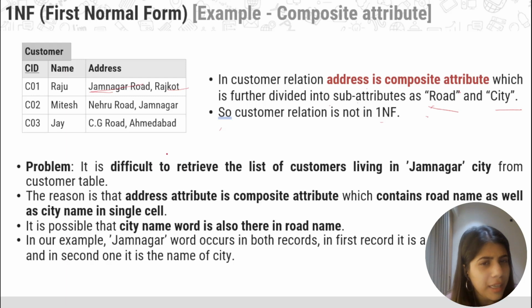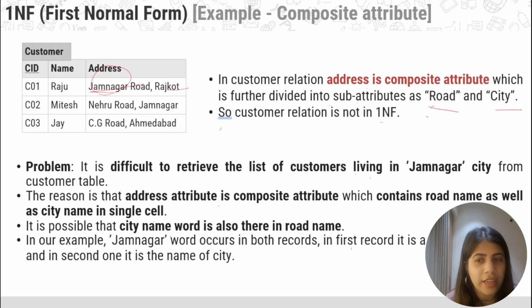So the problem will be, it is difficult to retrieve the list of customers living in Jamnagar city from the customer table. The reason is that the address attribute is a composite attribute which contains road name as well as the city name. It is possible that the city name word is also there in the road name over here. So in our example, the Jamnagar word occurs in both records.